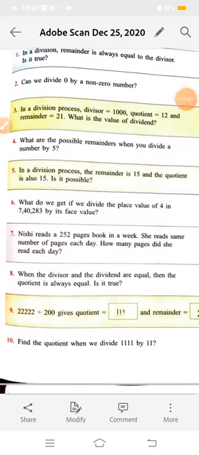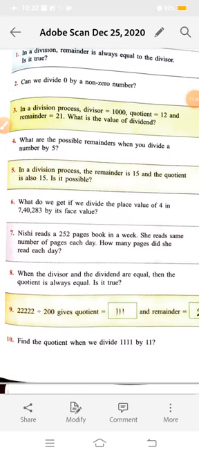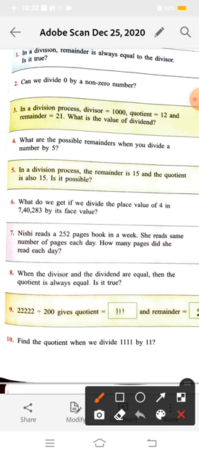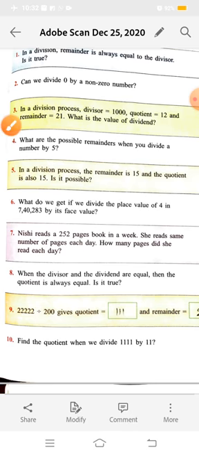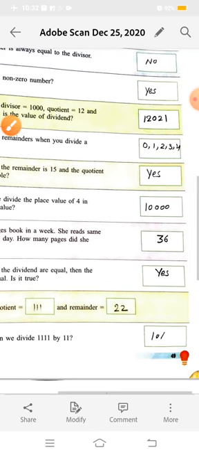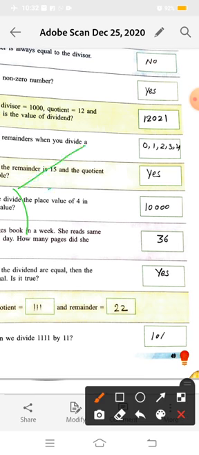Now, the question is, what are the possible remainders when you divide a number by 5? When we divide a number by 5, the remainder possible should be 0, like when we are dividing 5 by 5. So 5 ones are 5, the remainder is 0.